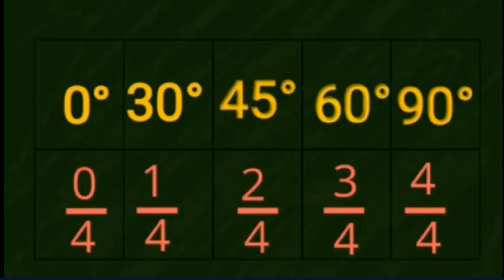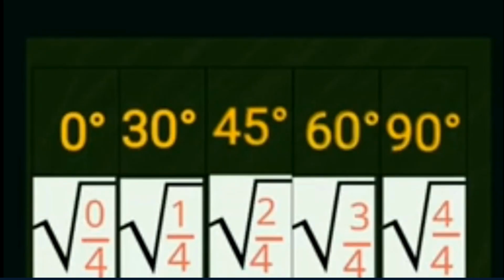Then we'll divide the numbering by 4, that is 0 upon 4, 1 upon 4, 2 upon 4, 3 upon 4 and 4 upon 4. Now we'll take square roots of these numbers, that is square root of 0 upon 4, square root of 1 upon 4, and so on till square root of 4 upon 4.